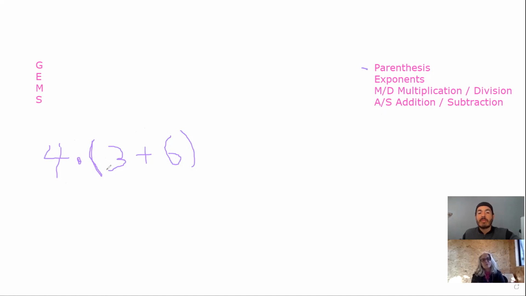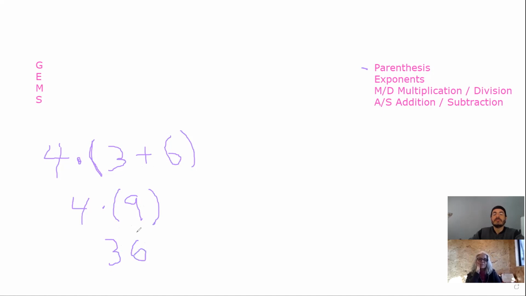So I'm going to do what's inside the parentheses first, and that happens to be addition. Even though addition comes after multiplication, I'm going to do it first. 3 plus 6 is 9. And now I only have one operation left, which is multiplication. 4 times 9 is 36.